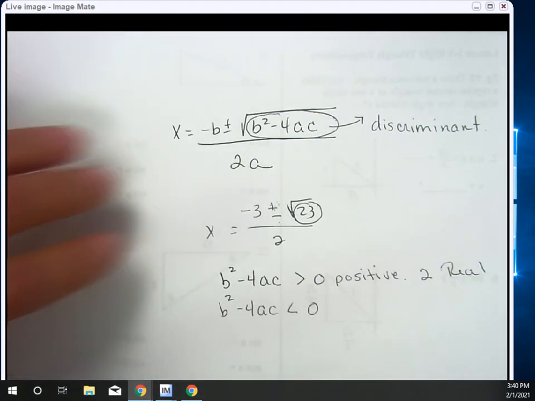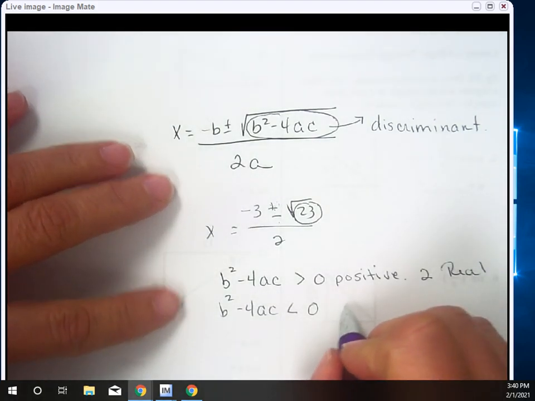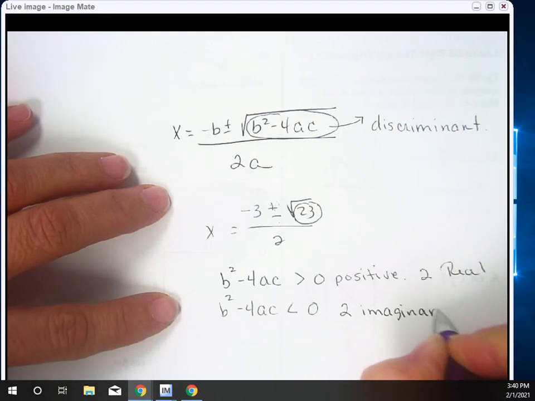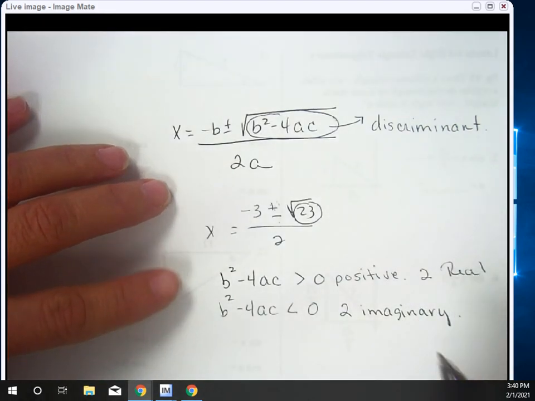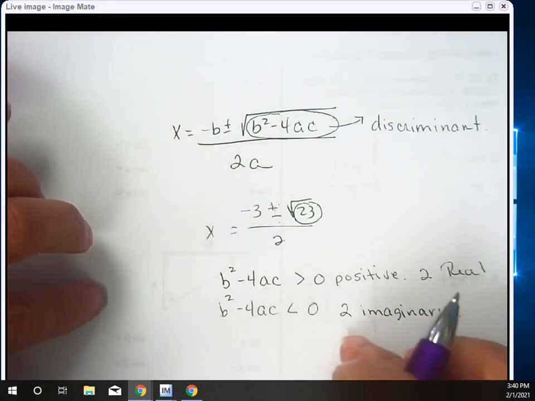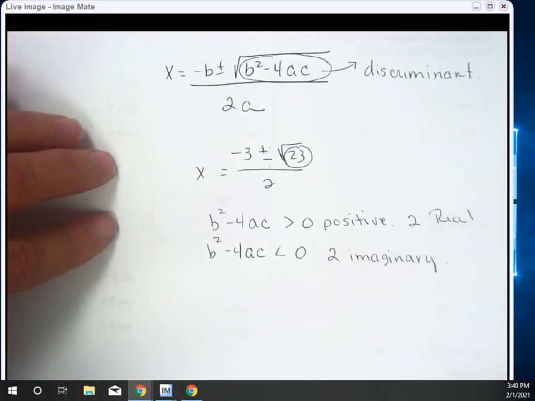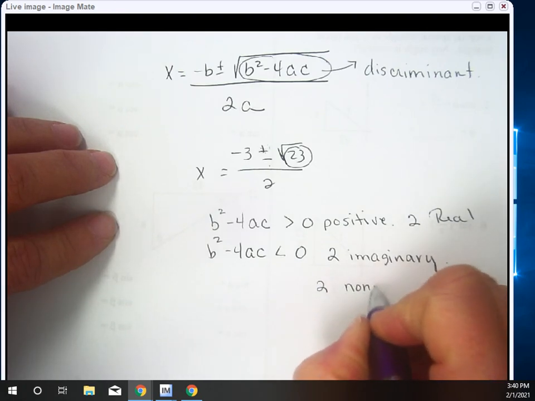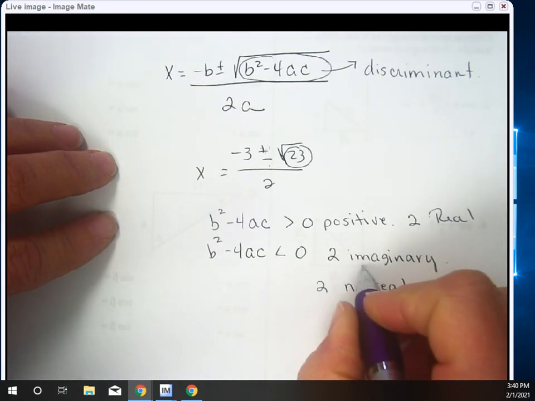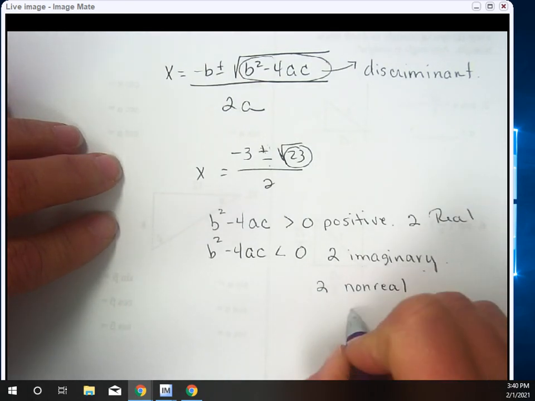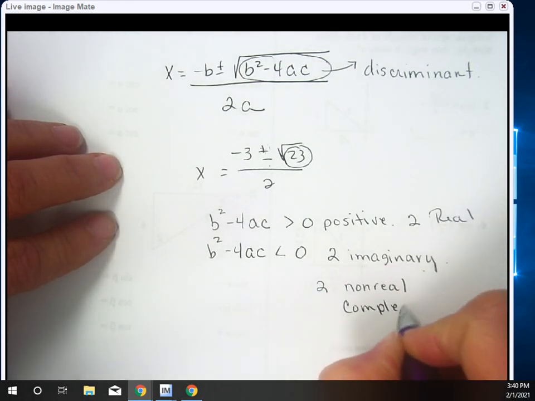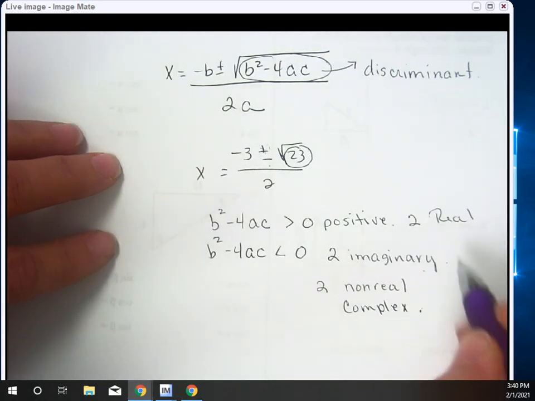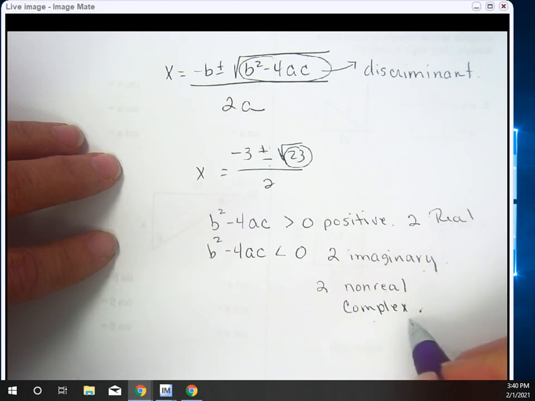We say that there are going to be two imaginary, and the correct answer is not just two imaginary answers, but two non-real, meaning imaginary, complex solutions. So two non-real complex solutions.